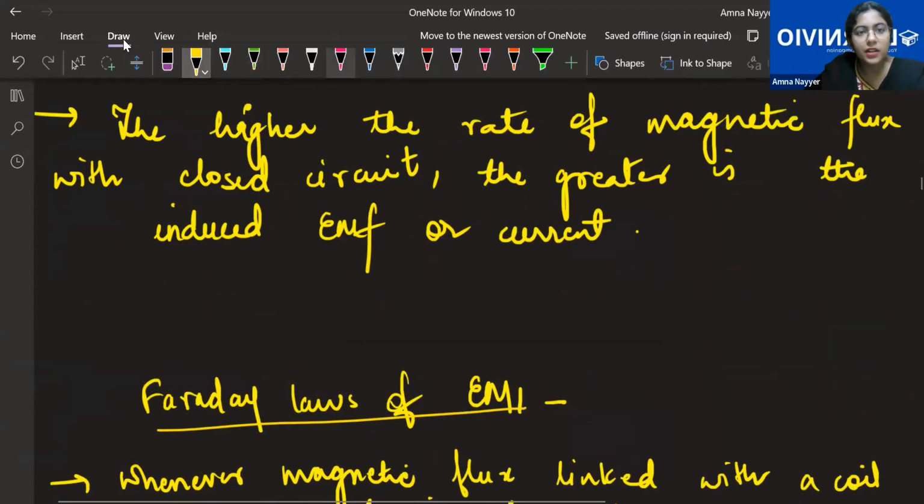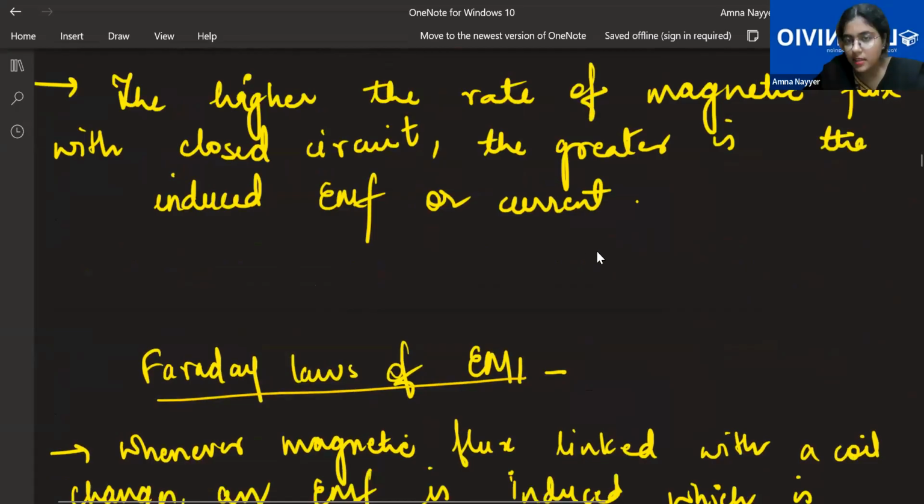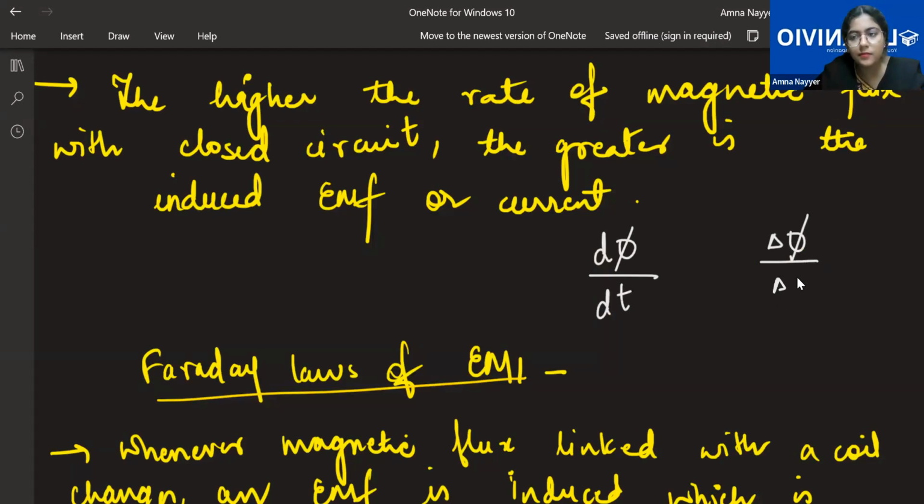If I say rate of flux or change in flux, it means d phi or delta phi. This means the change in flux. Rate means with respect to time. So we can say EMF is directly proportional to the rate of change of flux.